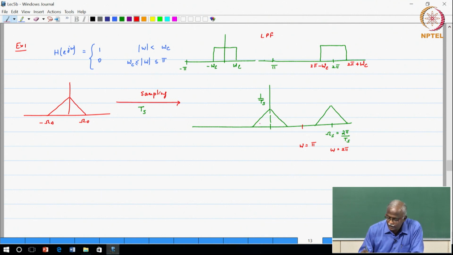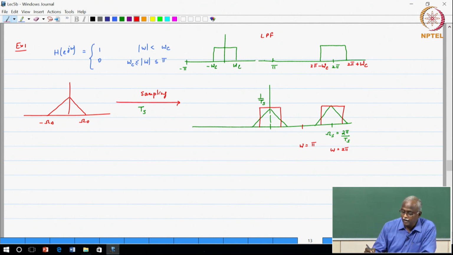Let us say the low pass filter has this property, and because of the discrete time property, it is going to cut off all of its copies as well. So, what we get after the discrete time filtering has happened is the following signal.